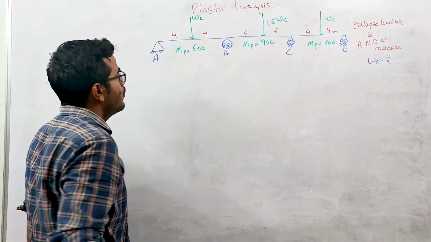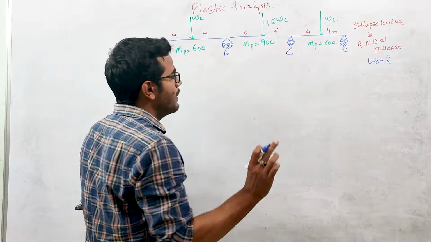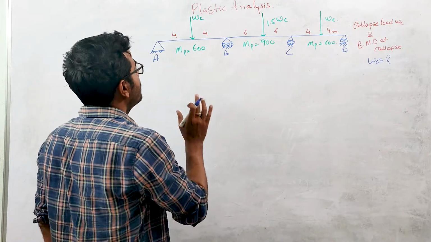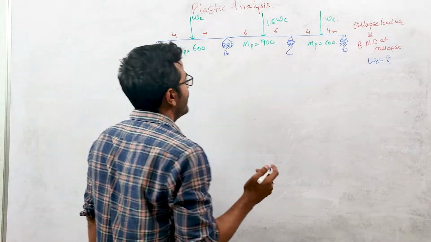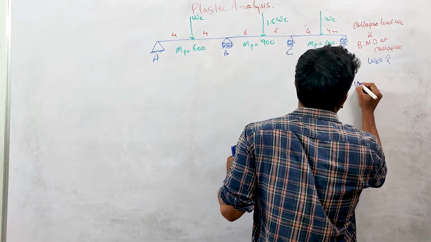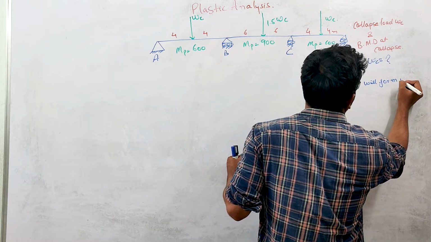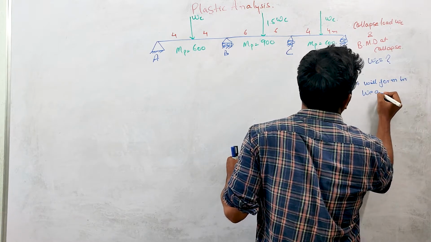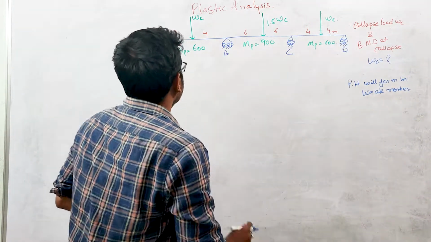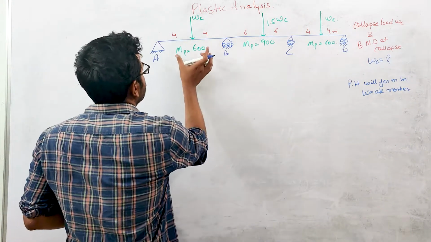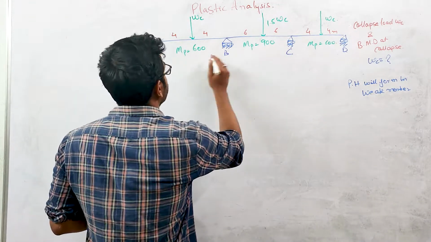Now one more thing is that we need to solve this problem by the kinematic method. Whenever two beams are meeting at a point, the plastic hinge will form in the weak member. Weak member means between these two members, AB portion and BC portion, the plastic moment capacity of BC is more than AB.